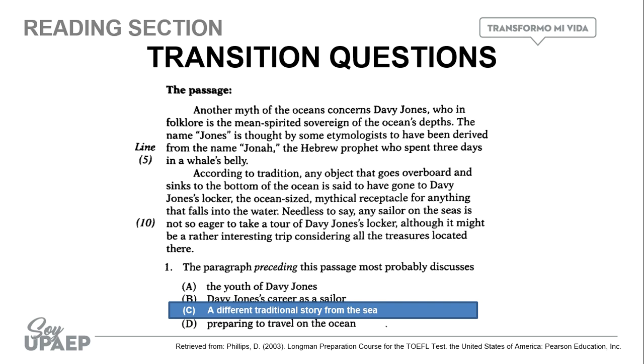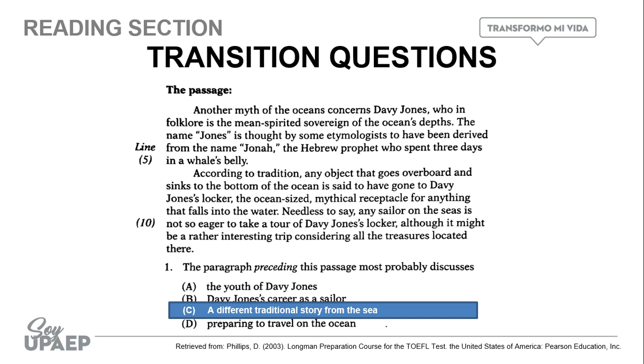We know that a myth is a story. And as we have another myth, it is because surely they already mentioned another myth in the previous paragraph. So, this is when they ask you about preceding paragraphs.